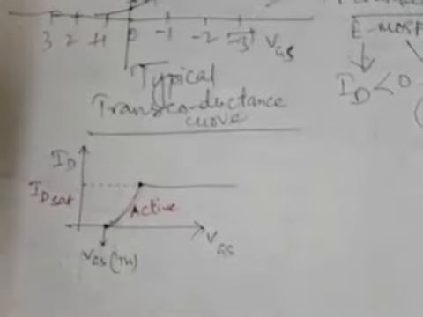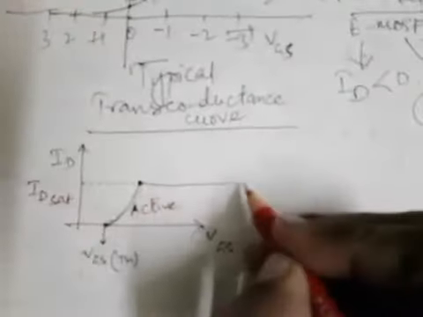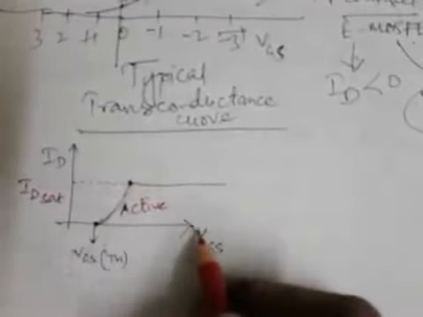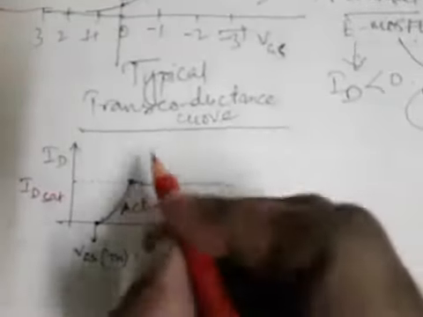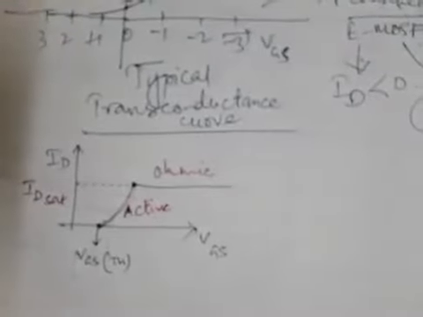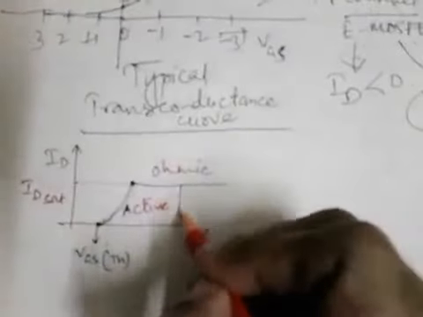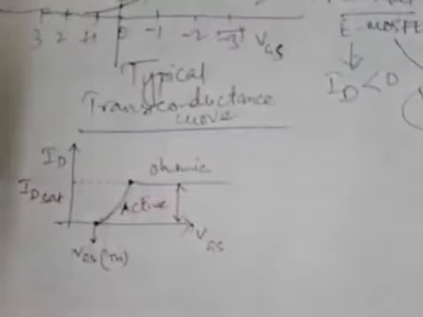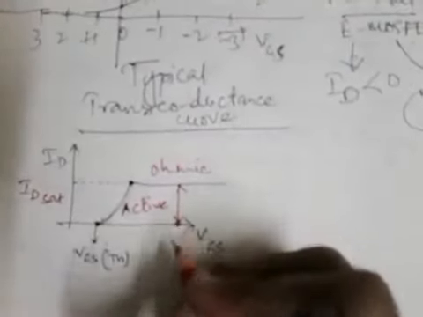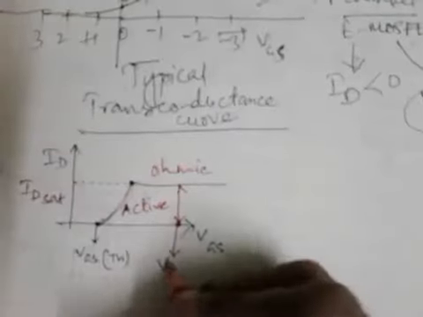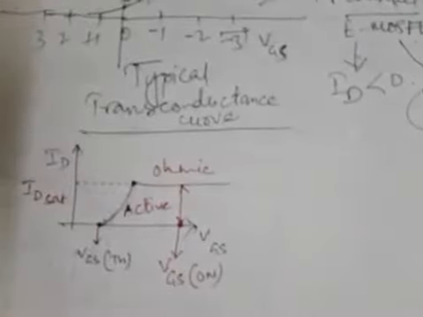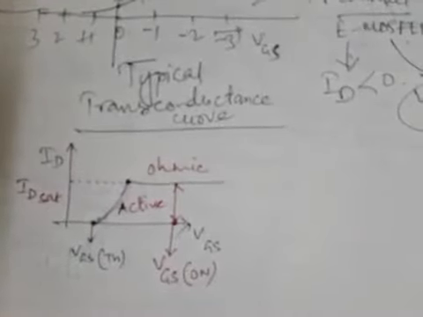This region of operation, when the curve becomes parallel to the voltage axis or flat, is called the ohmic region of operation. And the voltage value in the ohmic region of operation will be called VGS on. That means it depicts the on state of the MOSFET.